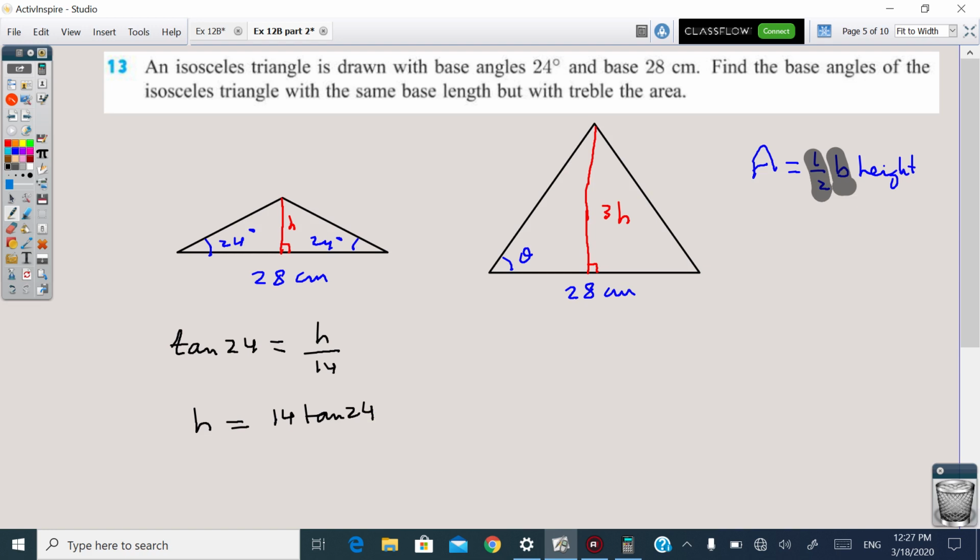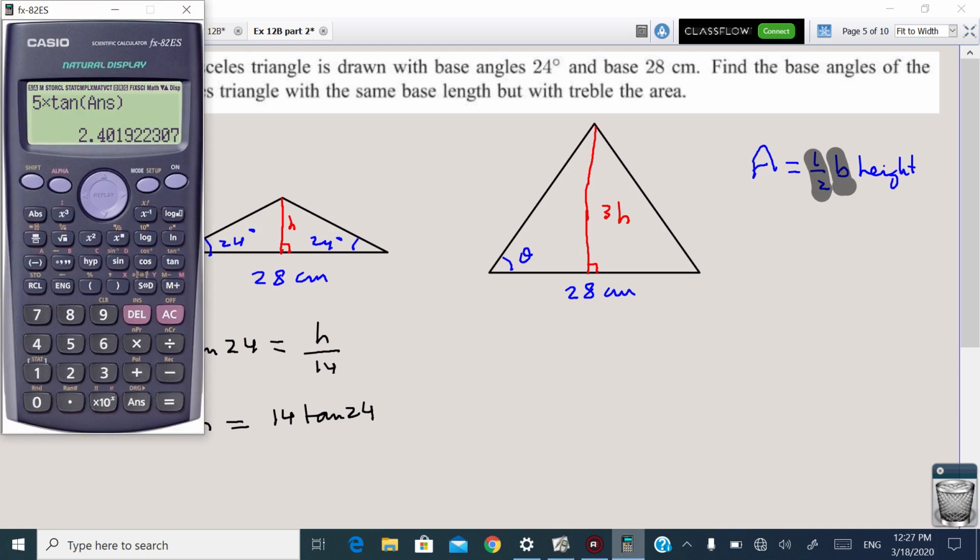So 14 tan 24, we have calculated h, but the height of the bigger triangle is 3 times the height, so times 3, and this equals 18.7. So this height is 18.7.